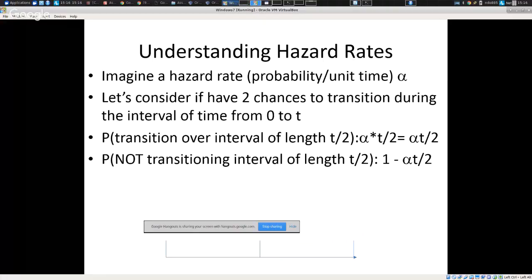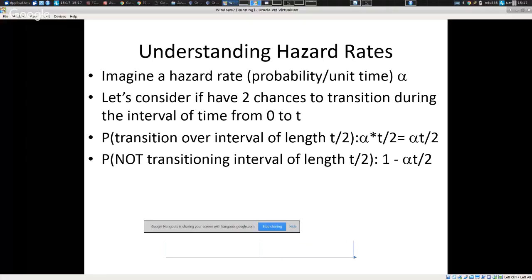To get a probability, we need to multiply it times some time. The time cancels the unit time in the denominator, and we get out a probability. So the probability of transitioning over an interval of length t over 2, if t is small, is alpha times t over 2. Does that make sense?